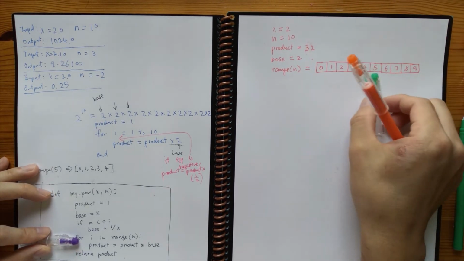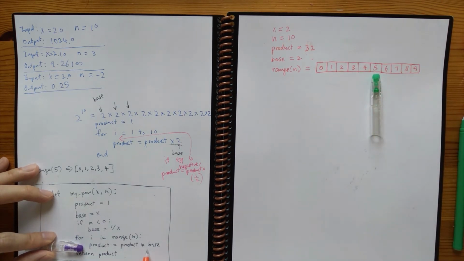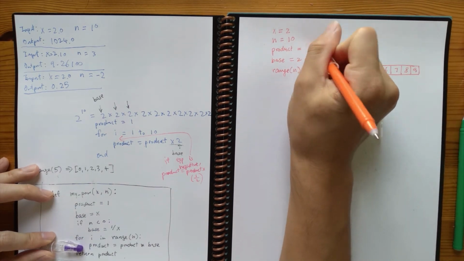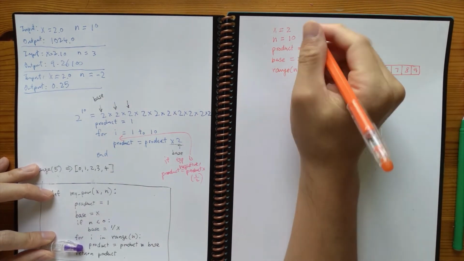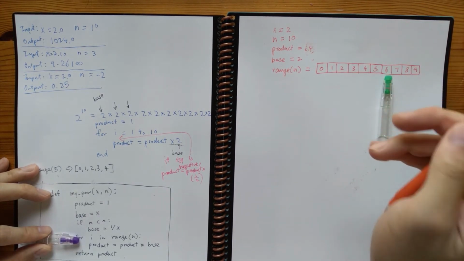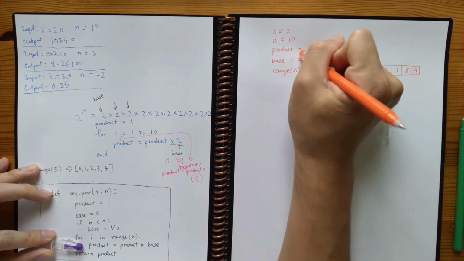Okay, move this over one more. So 32 times 2 now is 64. Move over one more. 64 times 2 is going to be 128.